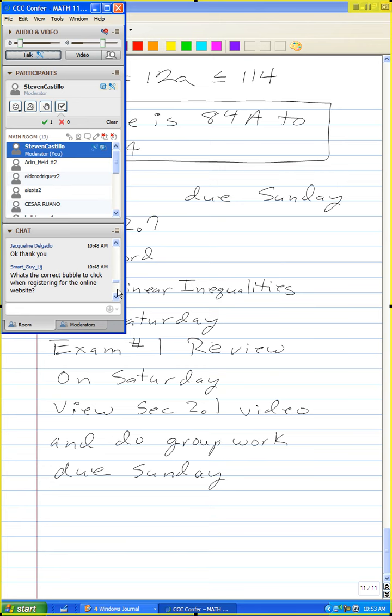What's the correct bubble to click on when registering for the online website? Oh, please click on the one that says that you just want to purchase online access. That will give you the ebook and that will give you access to the homework.